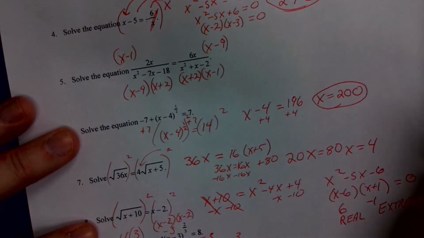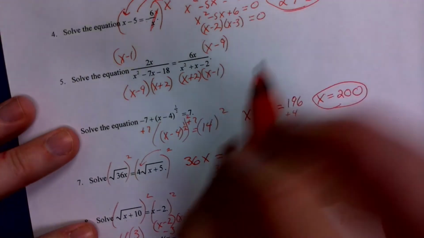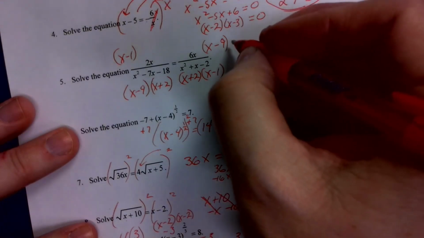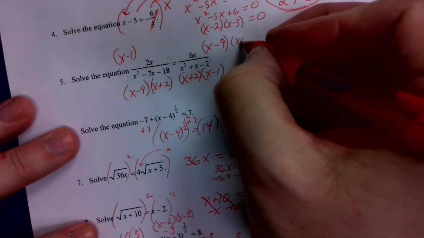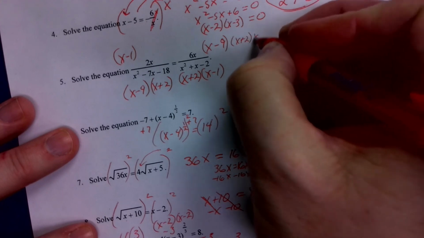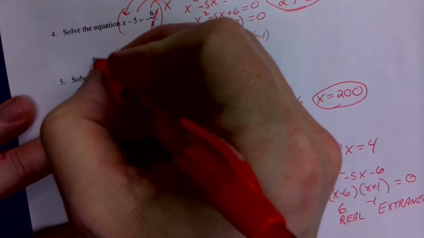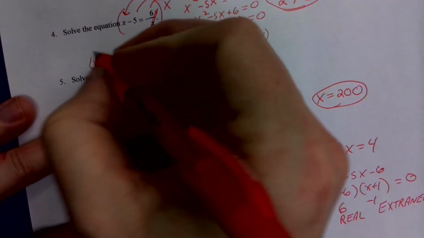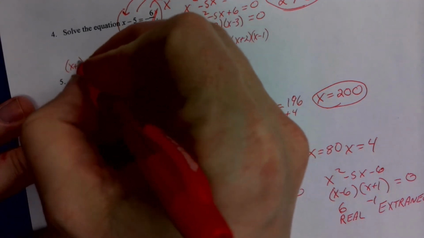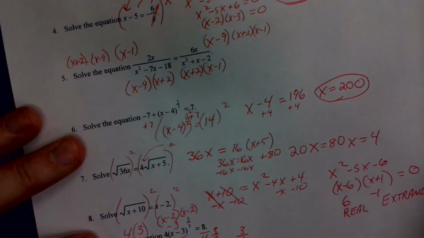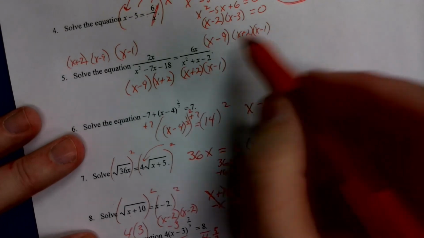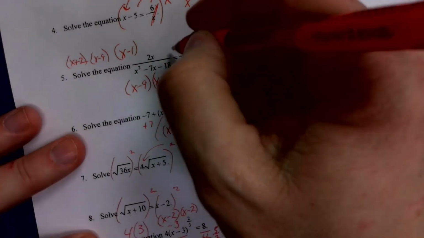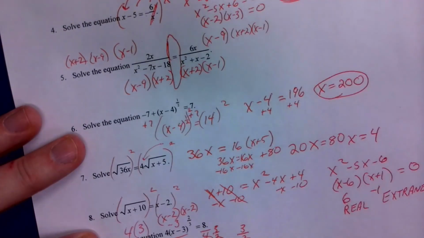Because this might mess you up, I really am multiplying everything by this and this too, and this one over here gets an x minus 9 and an x plus 2, and maybe this will help out more. So I'm going to multiply both sides of the equation by that. Here's my equal sign, so that's my separator.